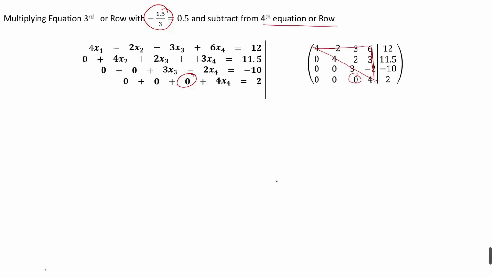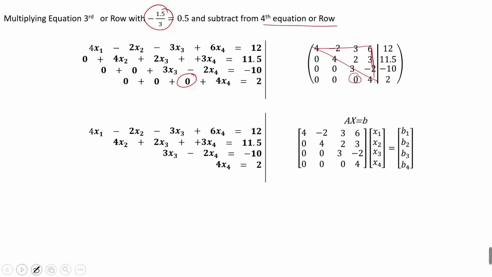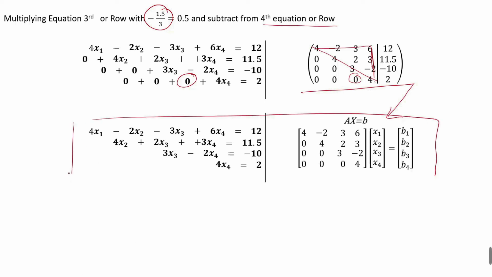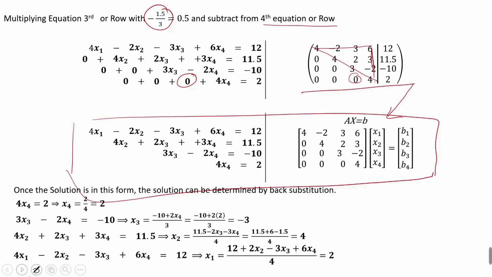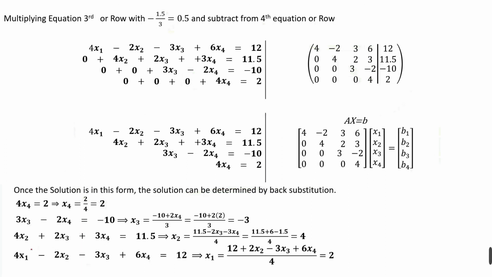Now we find the values of the unknowns x1, x2, x3 and x4 by backward substitution, and we write this in Ax equals b form, and this is our Gauss elimination method. Now we find the values of the unknowns.